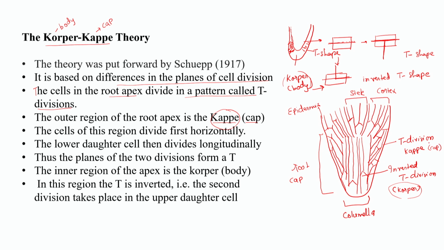The T division in this region is the Kappe region, which is also known as the cap region. Similarly, above they will divide, and these cells will finally be destined to form the cortex, epidermis and the stele. So, this is how the organization is explained by Corpor and Kappe theory.